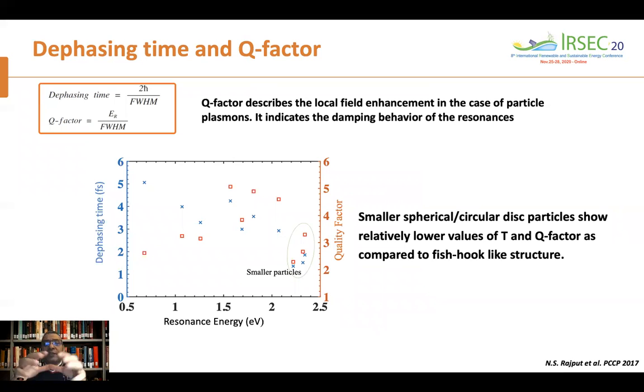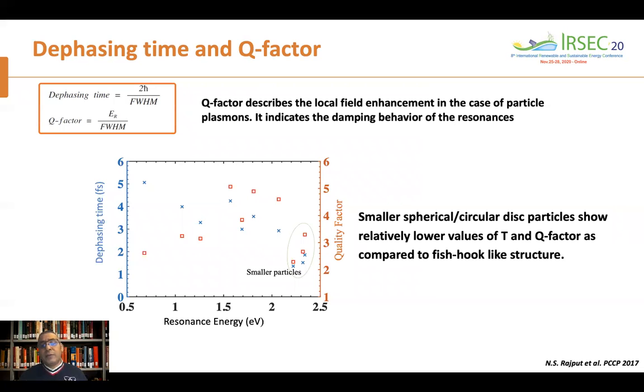So how much electron field we are producing at the interface between gold and titanium dioxide, and this cloud is related to electron movement and oscillations. We can show that the Q factor we are producing with our fish hook-like shape is very, very high compared even to nanoparticles as described in the literature.